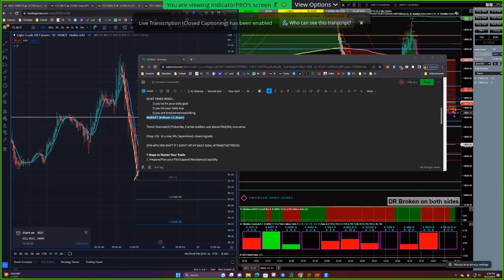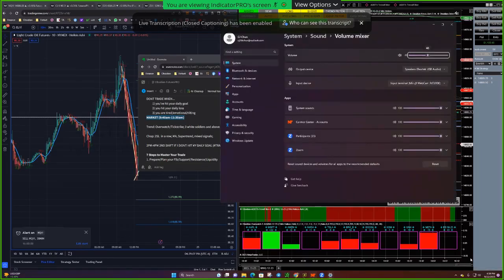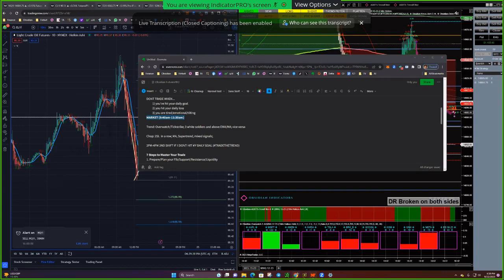This icon? No, try that one. There it is. Yep, open volume mixer. Then just mute NinjaTrader, and there you go. That should be it. Thank you, Joseph. That is awesome. That is fantastic. All right, now we don't have to listen to her annoying voice.